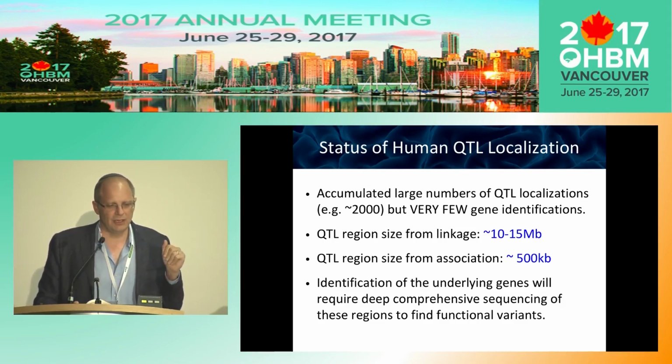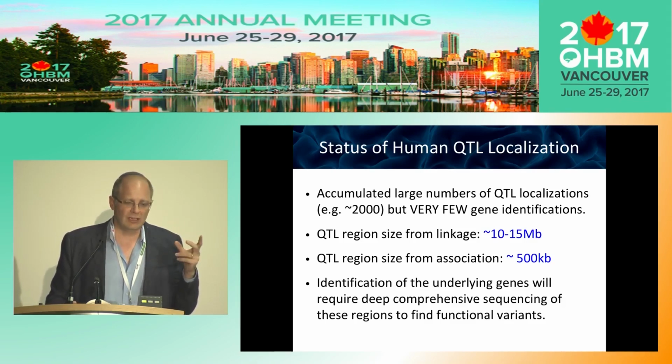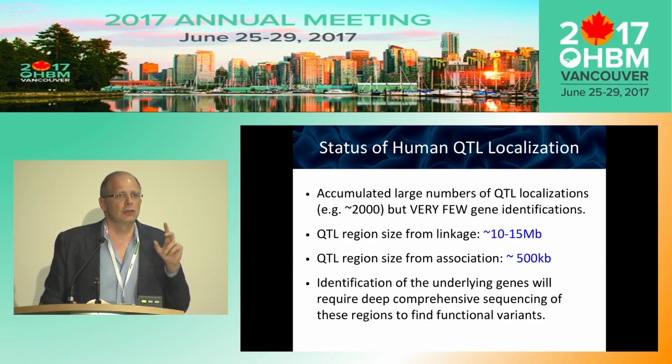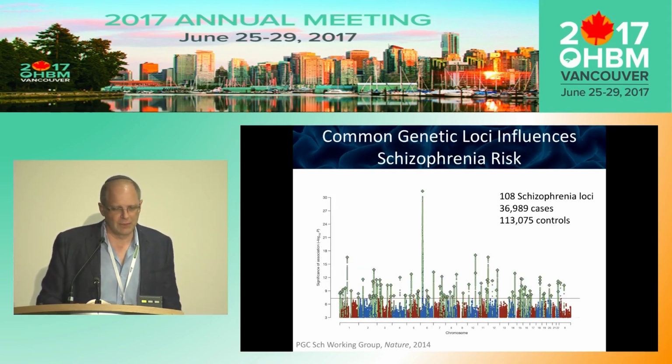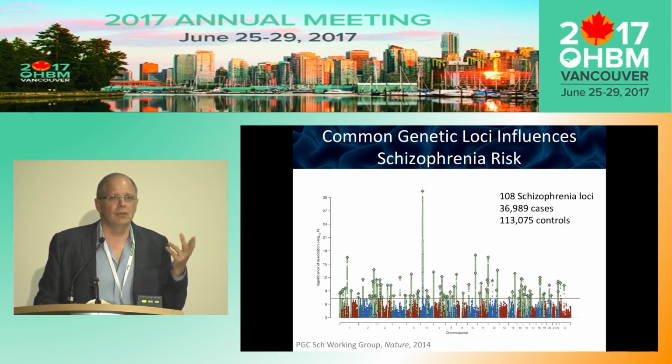The problem is that identifying the underlying genes requires certain assumptions or certain types of additional work, or more classically, doing sequencing and looking within that region. And I'll give you an example of this. This is a classic example from the Schizophrenia Working Group of the Psychiatric Genomics Consortium.